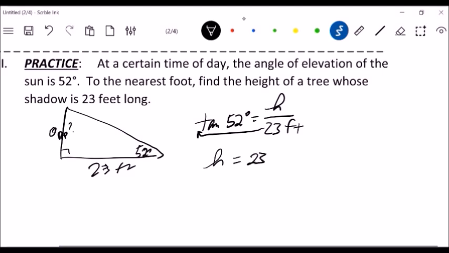So we have 23 tangent 52 degrees. We are supposed to go to the nearest foot. So when we get to it, it's 29.4 feet. So we will simply keep it at 29.